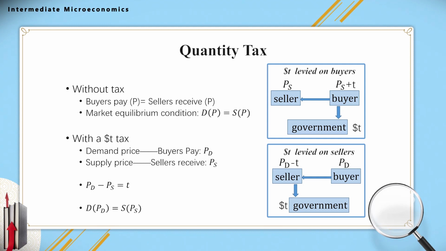Only when the quantity demanded equals the quantity supplied, the market goes back to equilibrium. Therefore, these two equations are the conditions for the new market equilibrium after taxation. Notice that these two conditions apply no matter whether the tax is levied on sellers or on buyers.